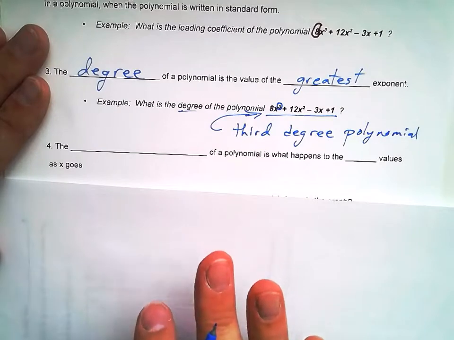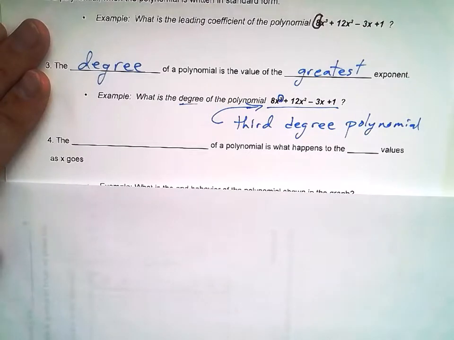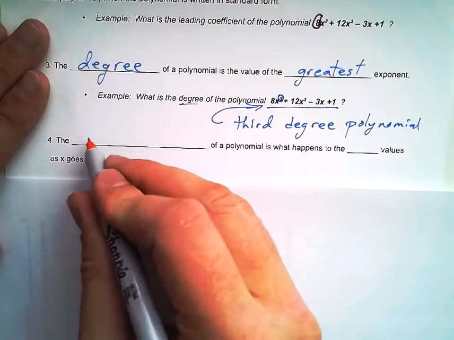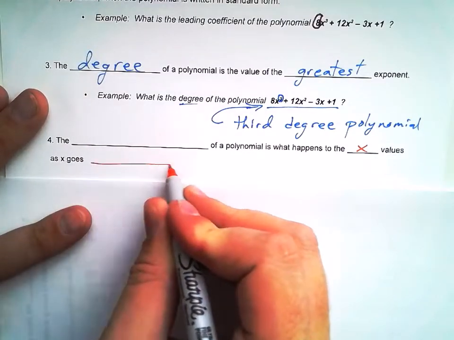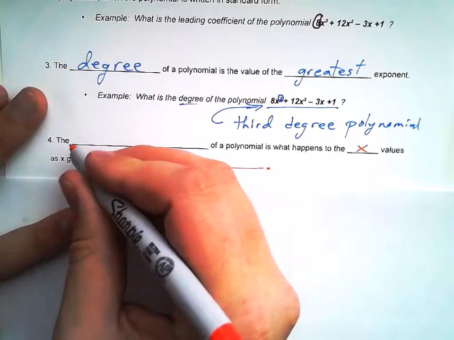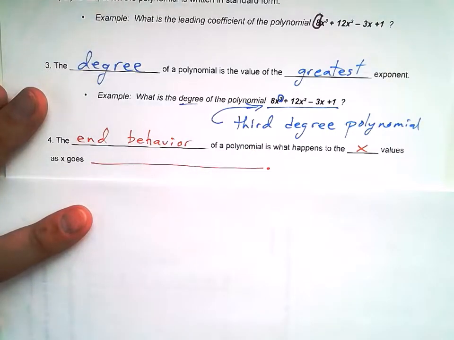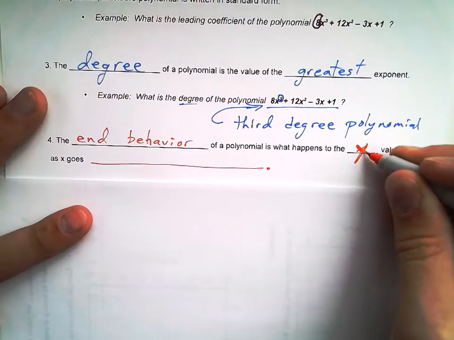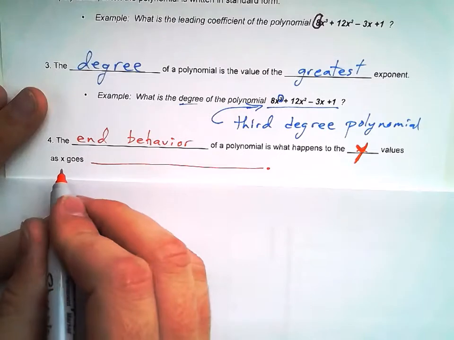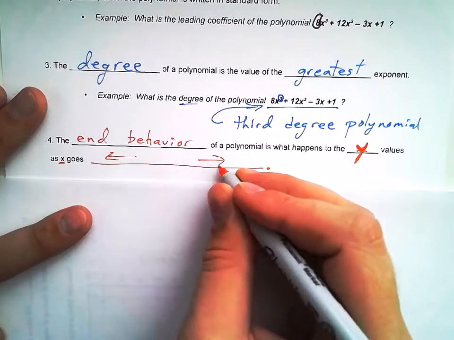Okay, next one. The end behavior of a polynomial is what happens to the y values as x goes that way or that way.